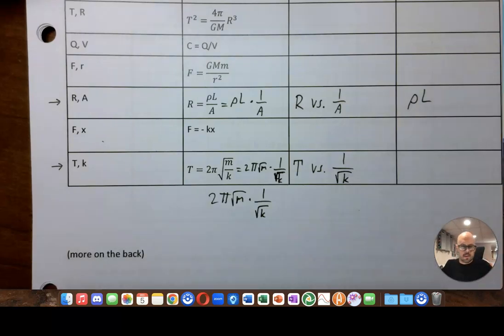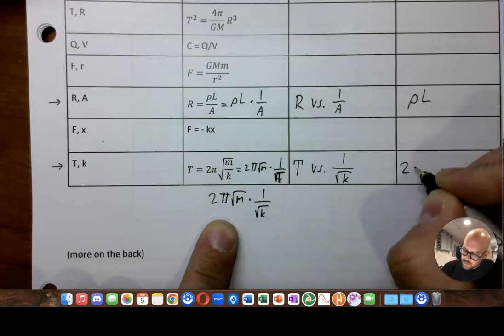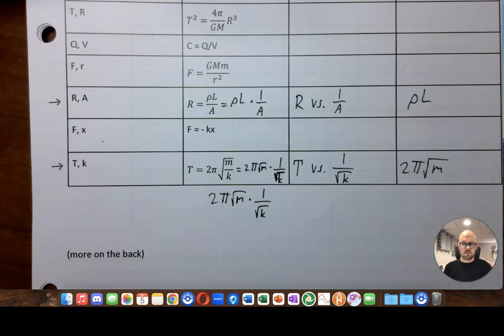If I actually had this data, I'd have to take every piece of data for force constant, take the square root of it and then take the inverse of that. So 1 over the square root of every force constant data piece that I had. And then what's left over is the slope. So 2 pi root m would be the slope.